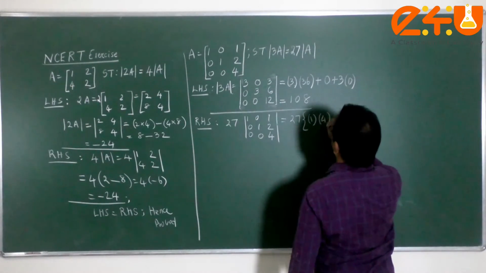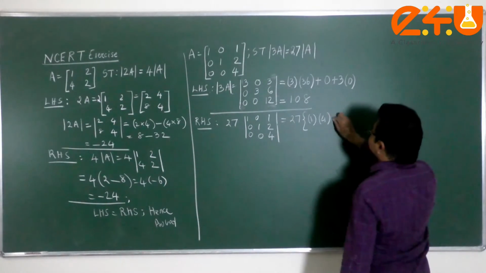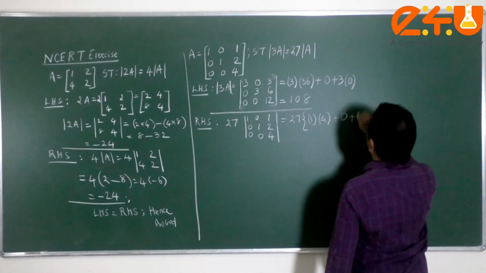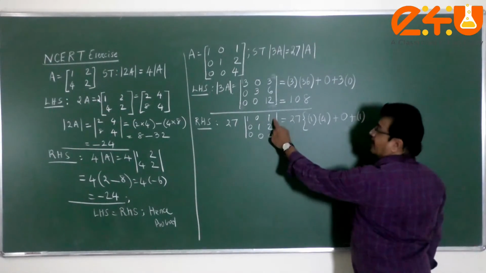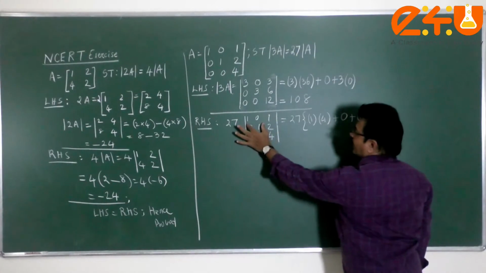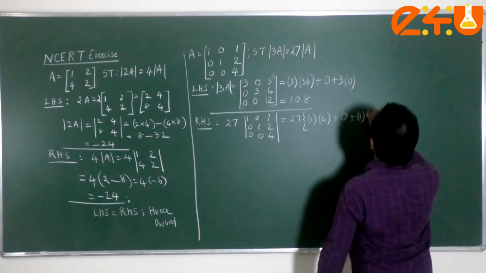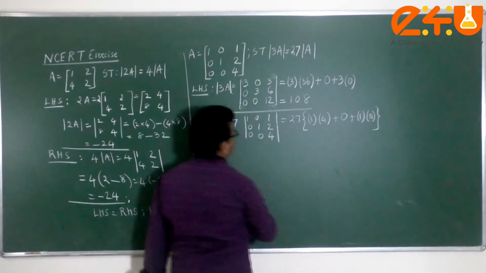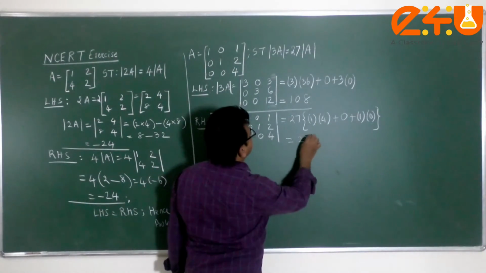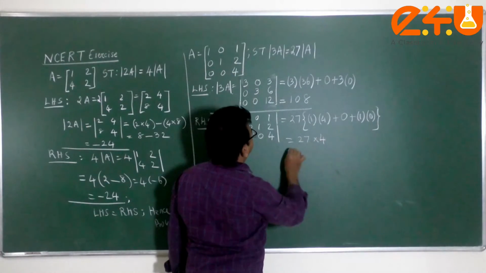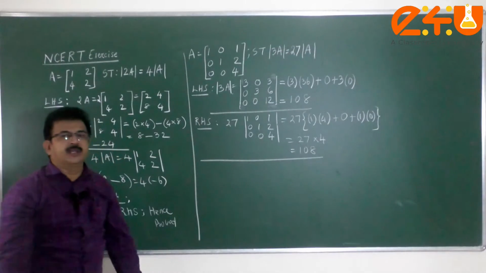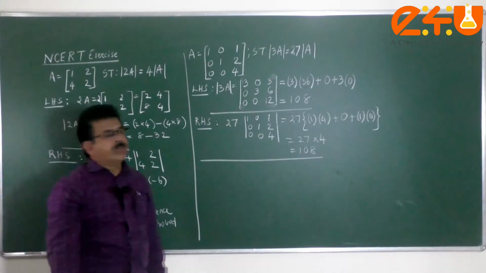So the product is 4 only, and plus the next element is anyway 0, followed by 1 into the third element A13 into cofactor 1, 3, which is 0 because of the product available there. So the answer is 27 times 4 only. Again you can see the answer is 108.